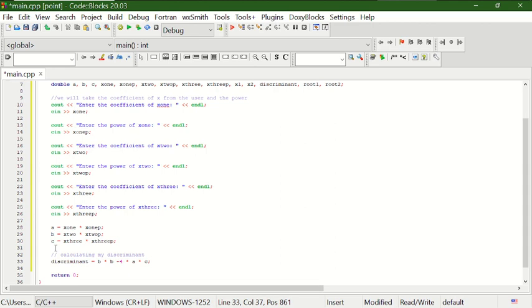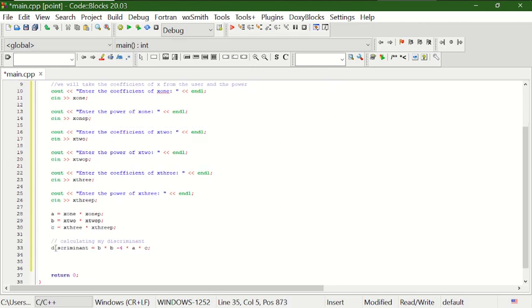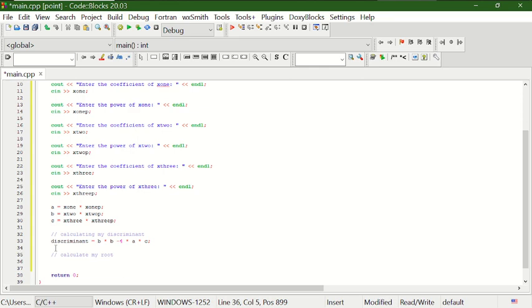So once I've got my discriminant, the next thing I want to do is calculate the root. So I will write a comment at this point: calculate my root. Since I want to calculate my root, I will say if in brackets discriminant is greater than 0, right?